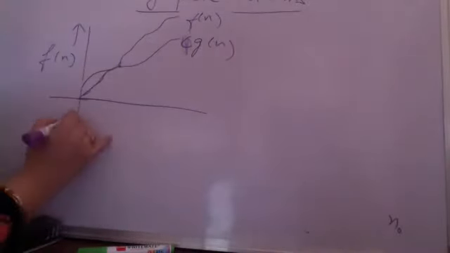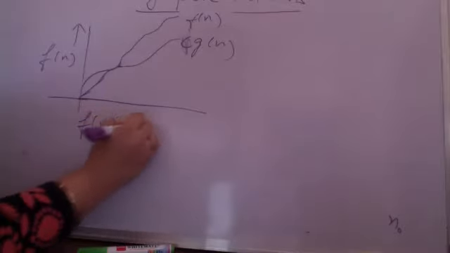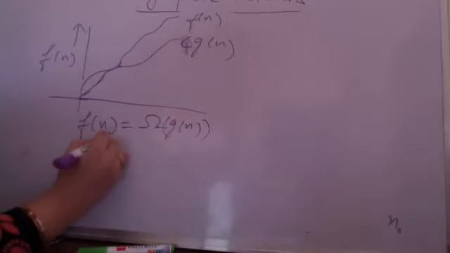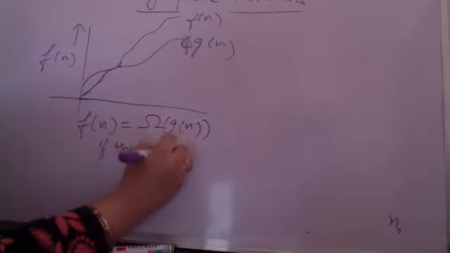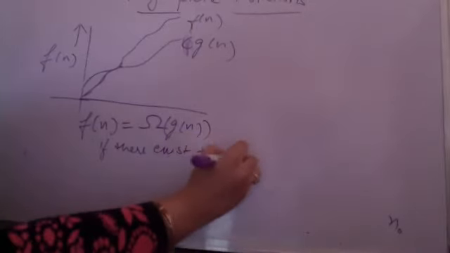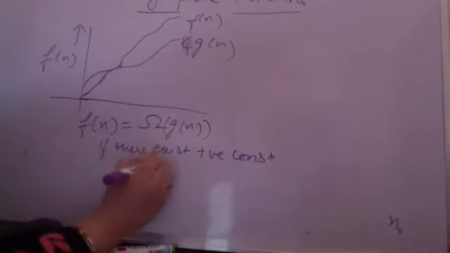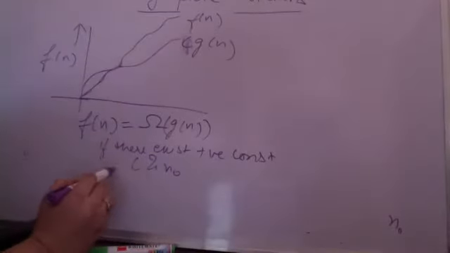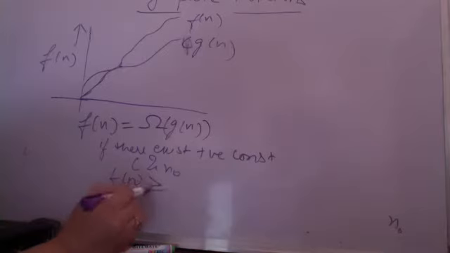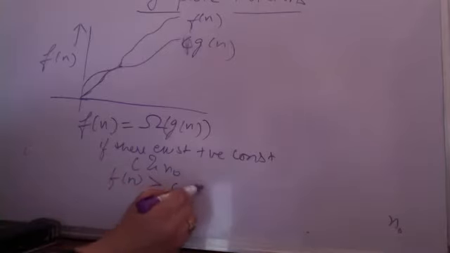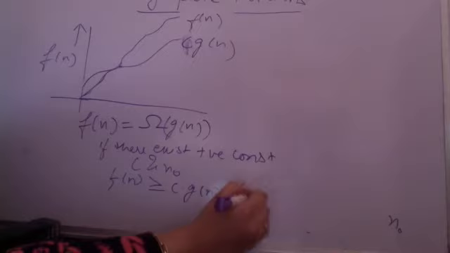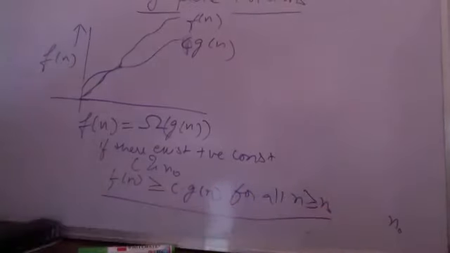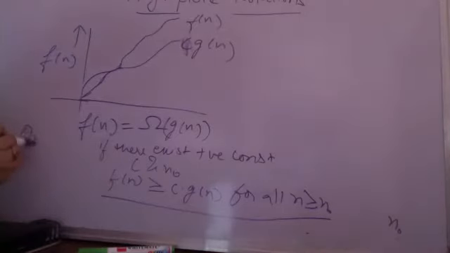So again, I am saying that f of n is omega bounded by g of n if there exists positive constants c and n naught such that f of n is always greater than or equal to c into g of n for all n greater than or equal to n naught. So this will give me an omega bound.